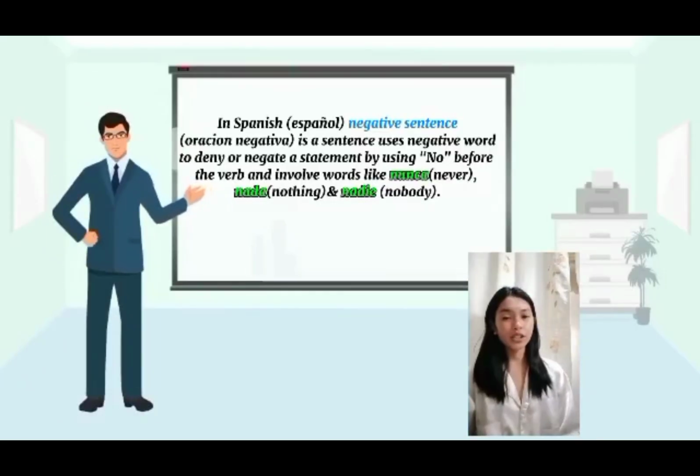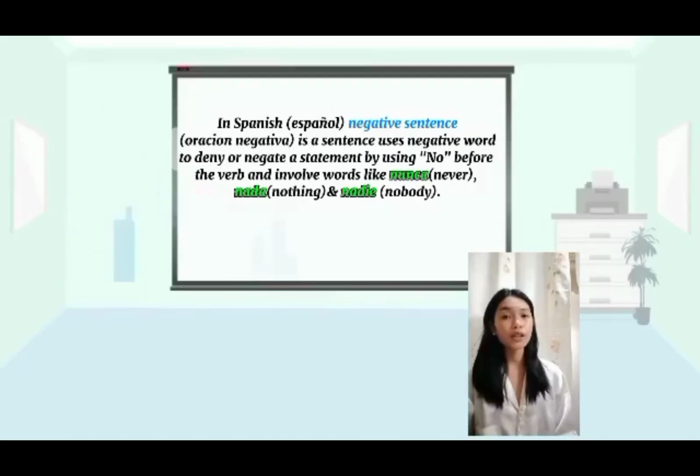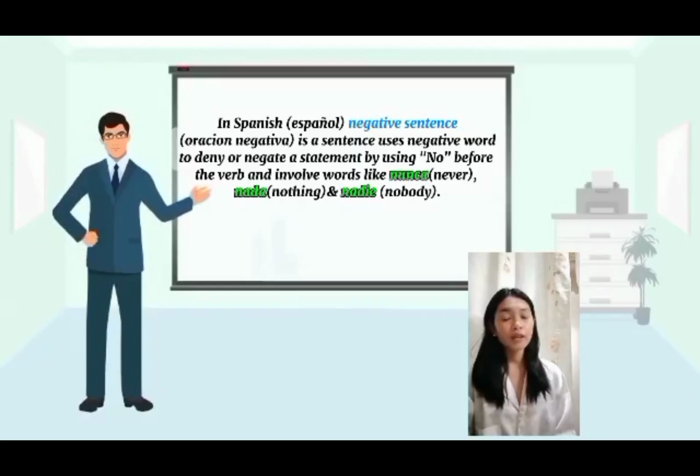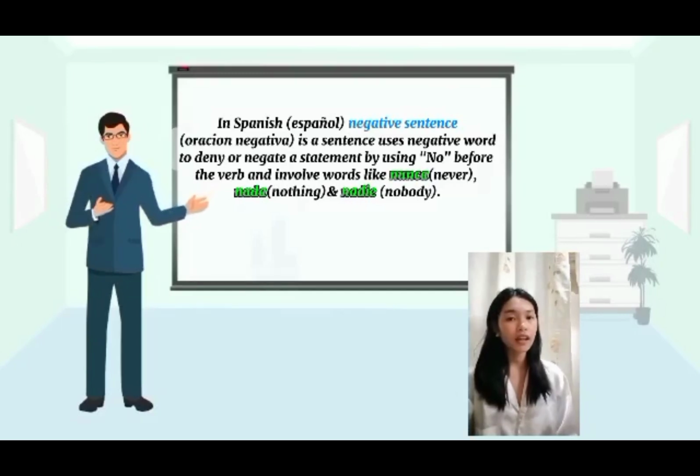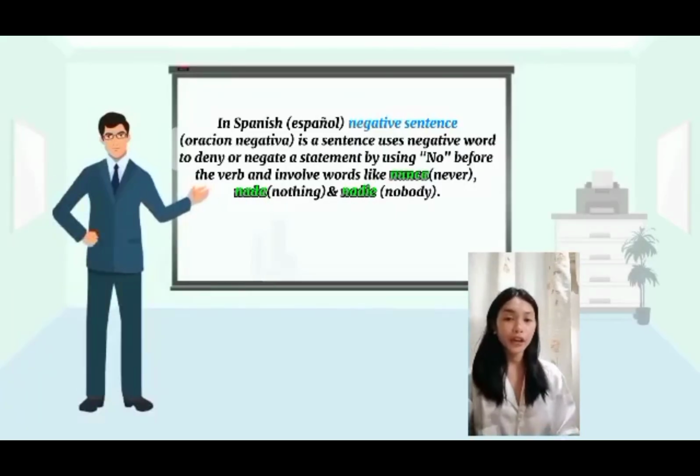In Spanish, a negative sentence is a sentence that uses a negative word to deny or negate a statement, often by using no before the verb or conjugated verb. It can also involve words like nunca, which means never, nada, which means nothing, and nadie, which means nobody, sometimes leading to a double negative, which is common and grammatically correct.